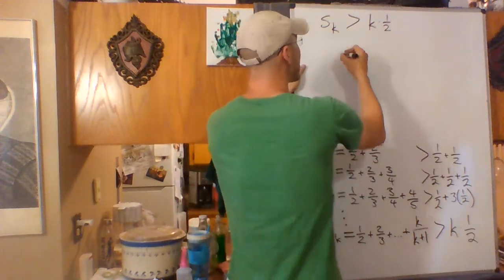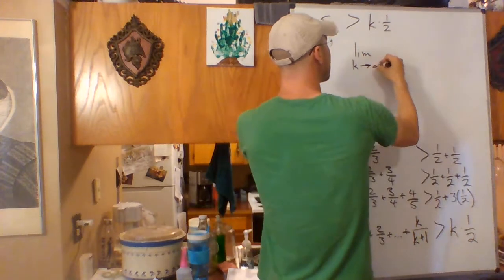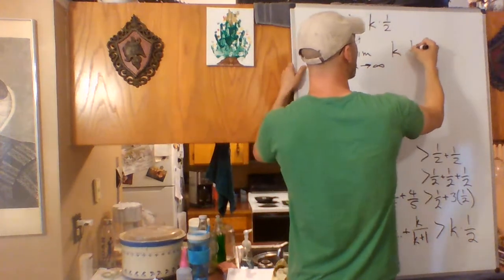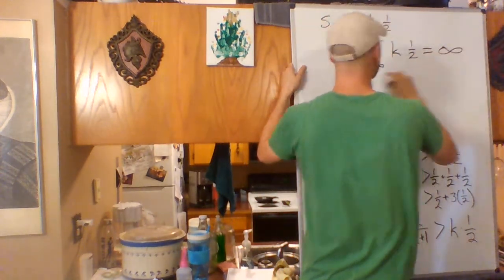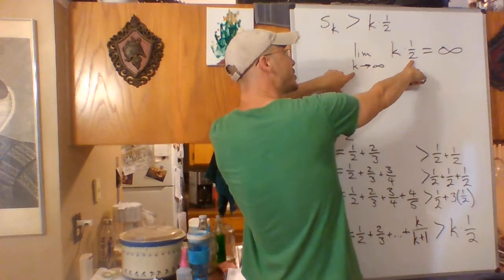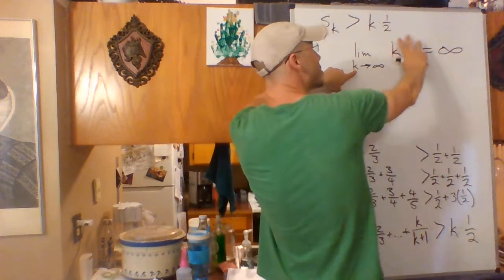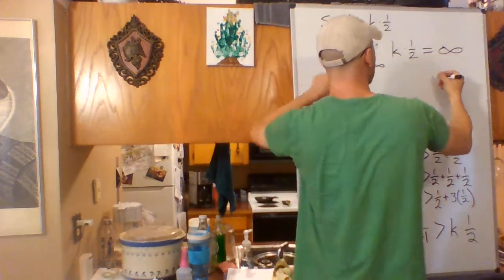What I'm saying is the limit as k goes to infinity of k times 1/2 is infinity. It doesn't really matter multiplying it by a half. It's smaller, but as k goes to infinity, this expression goes to infinity.